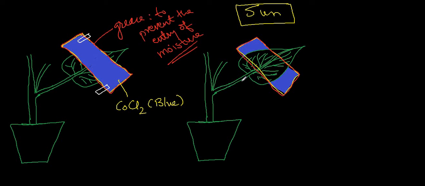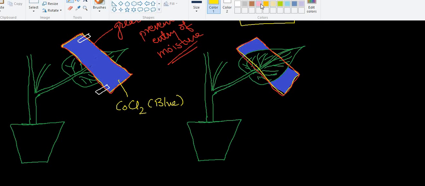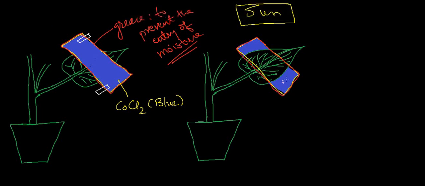Now leave it there for a few minutes and you will see the change in the cobalt chloride paper start taking place. And slowly the color of the cobalt chloride paper is turning pink at a faster rate on the cobalt chloride paper which was kept at the lower surface. Here very little part of the cobalt chloride paper will be seen to be pink, but here the majority of the paper is going to turn pink.